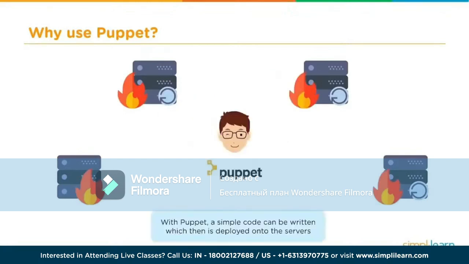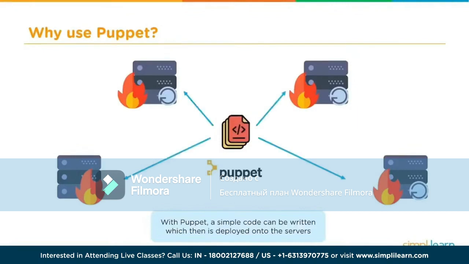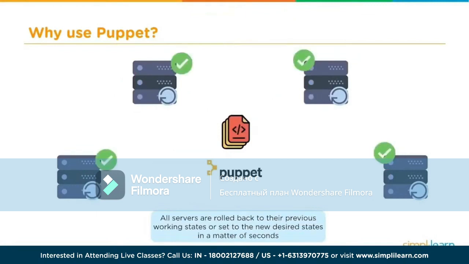Here is where Puppet shows its strength. With Puppet, all you have to do is write a simple script that can be written with Ruby and write out and deploy to the servers your settings for each of those servers. The code gets pushed out to the servers that are having problems, and then you can choose to either roll those servers back to their previous working states or set them to a new state and do all of this in a matter of seconds.